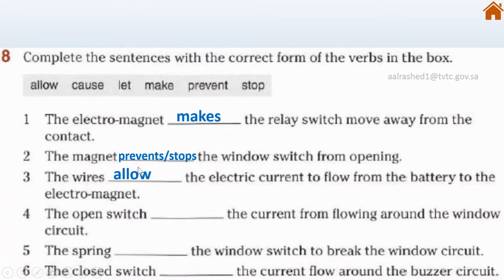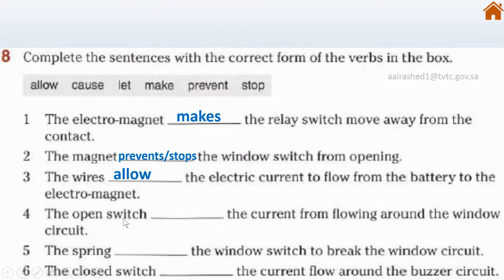Allow, okay, allow. So here the wires have given permission for the electrical current to flow. So I basically give them permission. The wire wasn't the cause for the electrical current to flow. Okay. 4, the open switch.